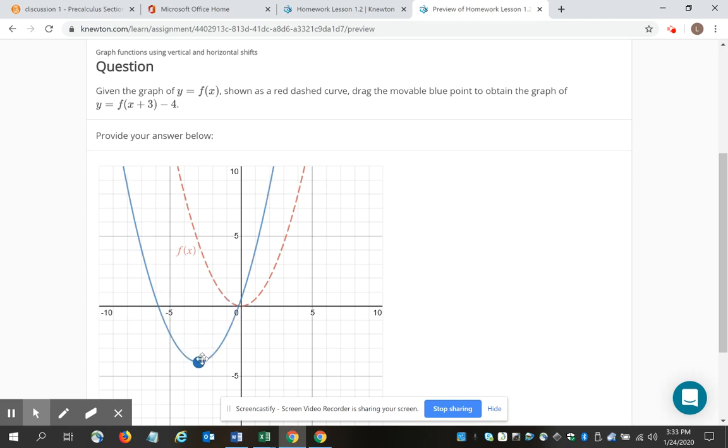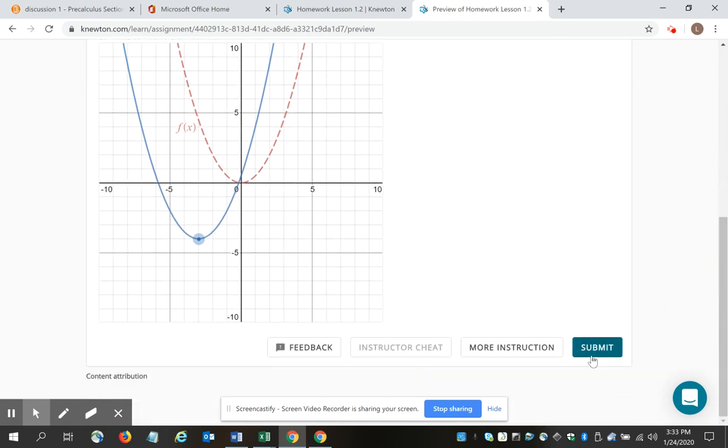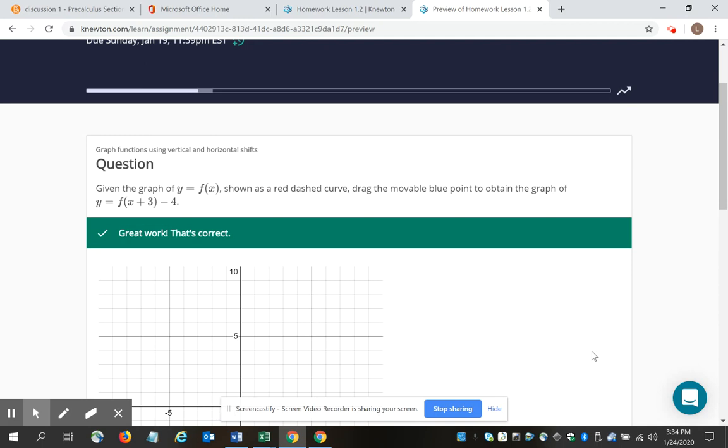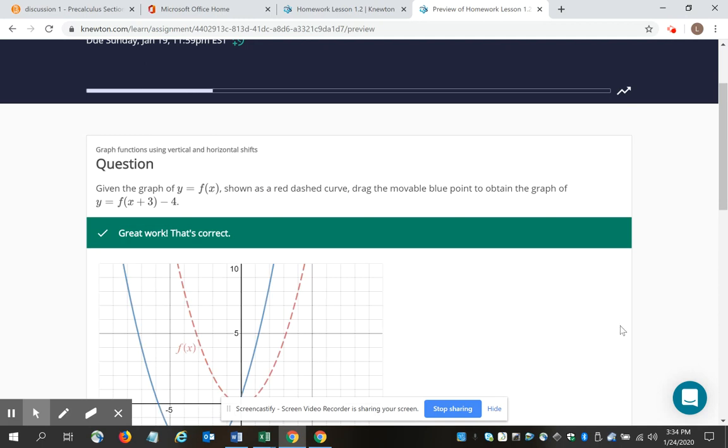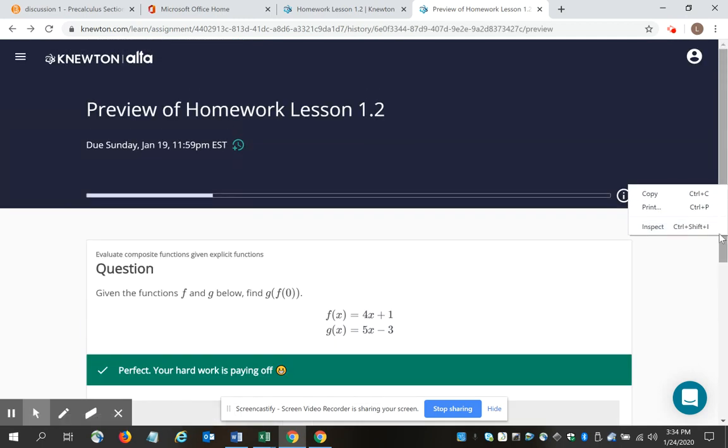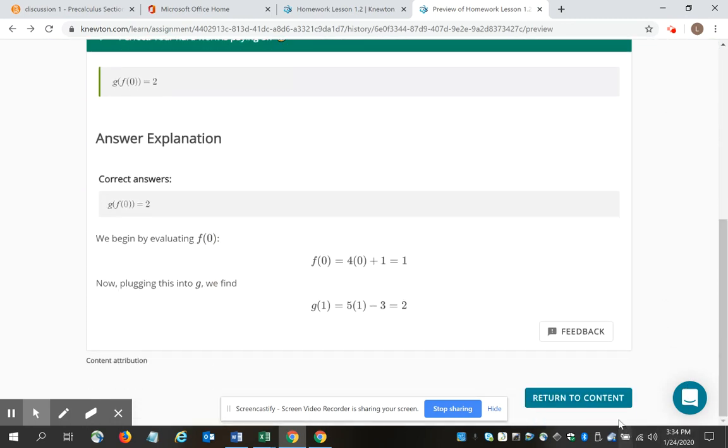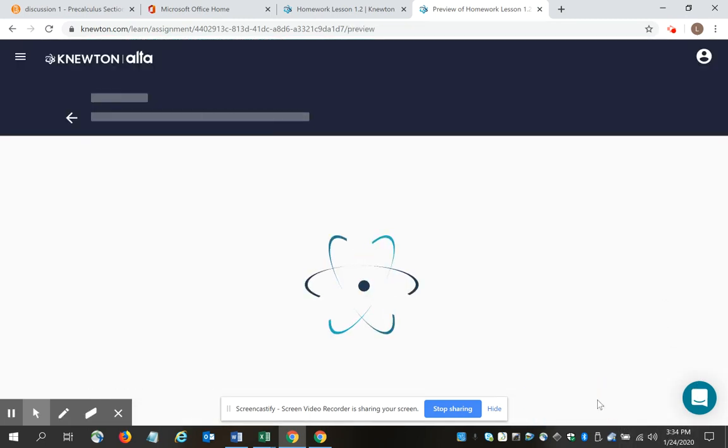Now, because there's no number in front of the function, nor number in front of the x, it's not stretched or compressed. So that should be the answer. Okay, so if we want to check ourselves, remember, we go over here and we submit. It tells me that I'm correct. And then I'm going to move on to the next question.